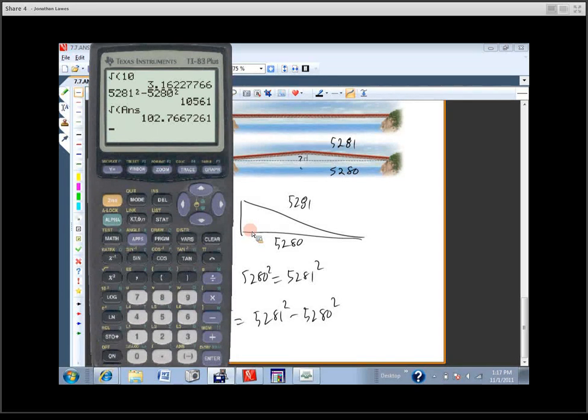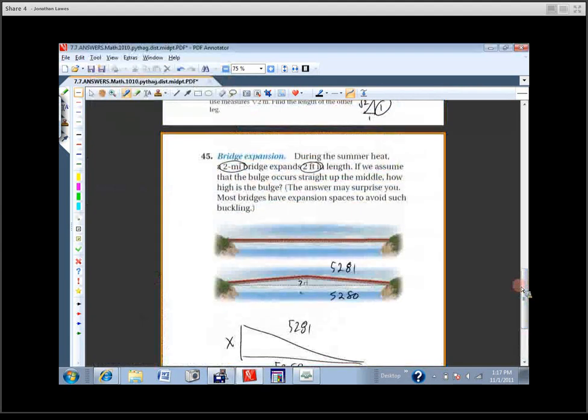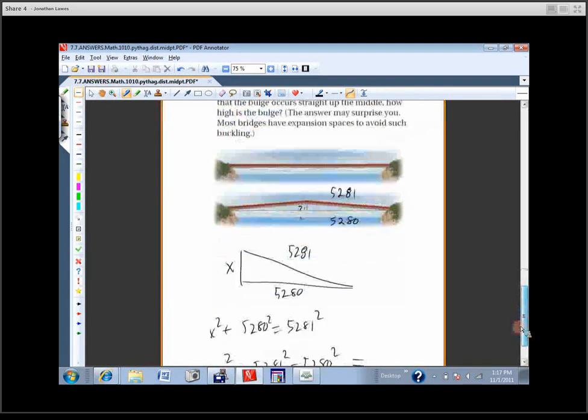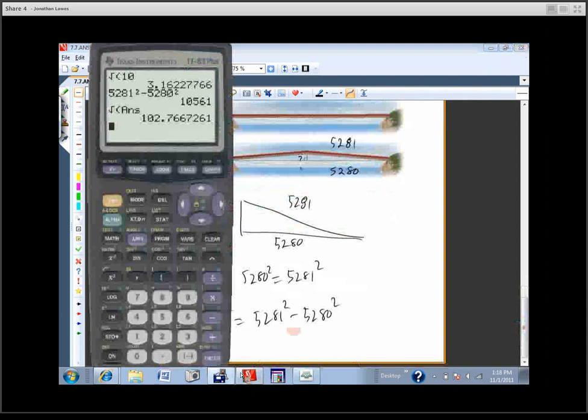But it's only expanding by 2 feet. I suppose it could. I'll take a look at it. We'll go with that for now. That seems like a pretty silly problem. That's one in your textbook. I'll take a look at it.